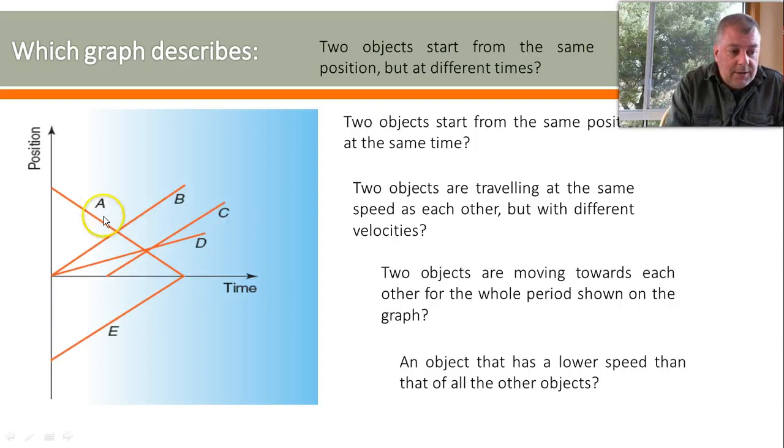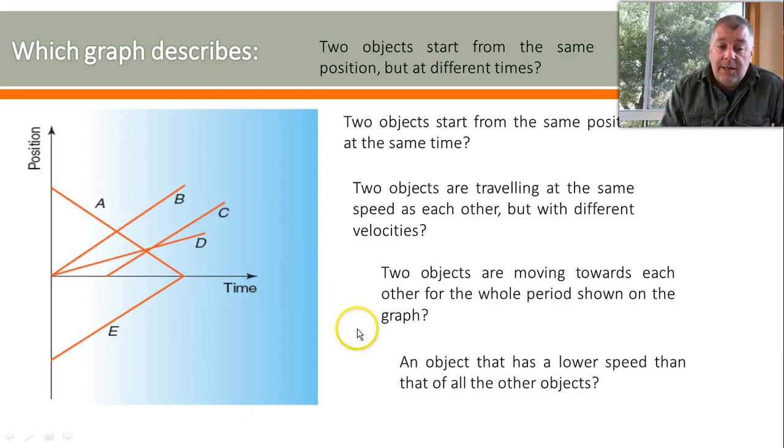And so your answer there is A and E. They've got the same degree of slope, but one's positive and one's negative. So this might be minus 10 and this might be positive 10 slope. Two objects are moving towards each other for the whole period shown on the graph. Again, that would be A and E are moving towards each other.